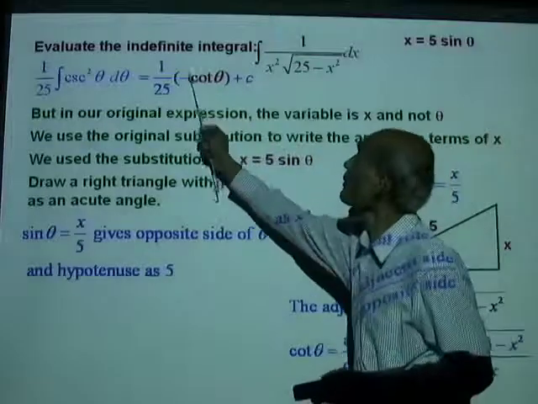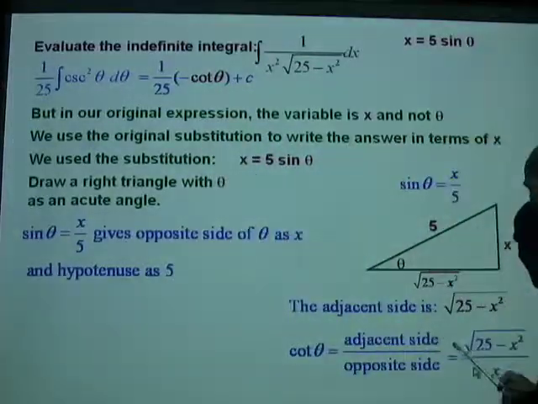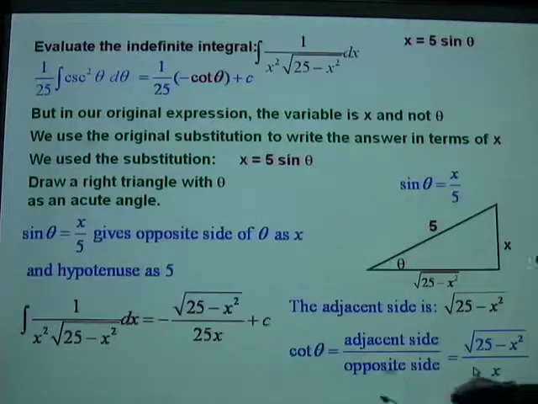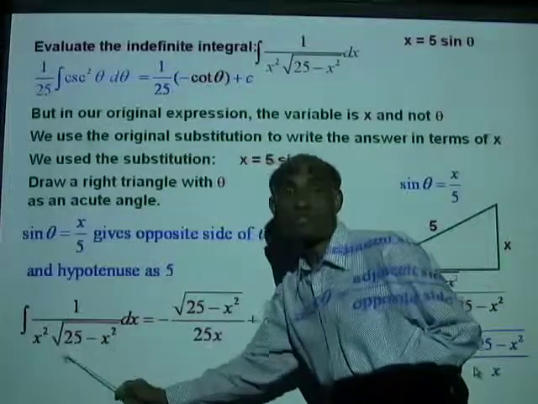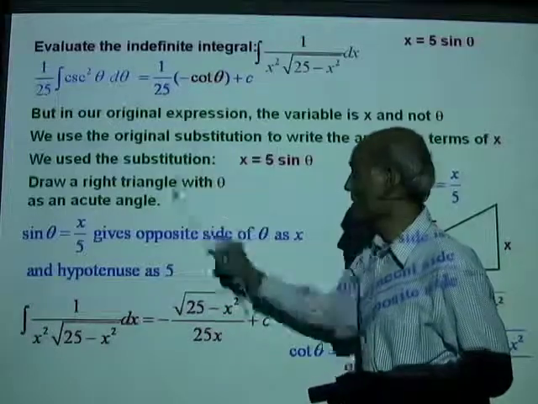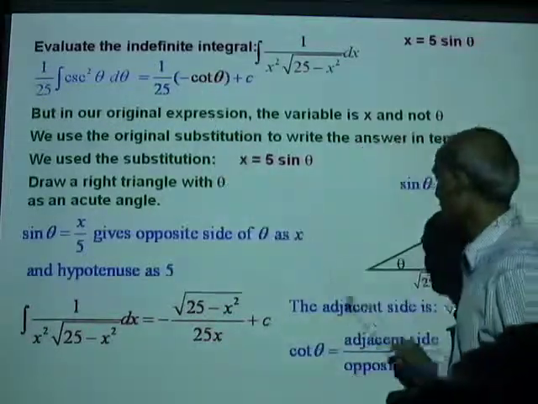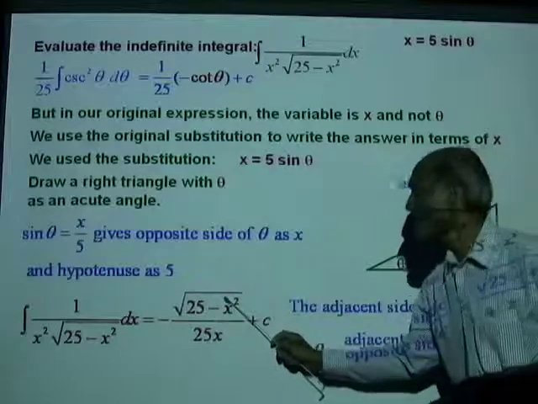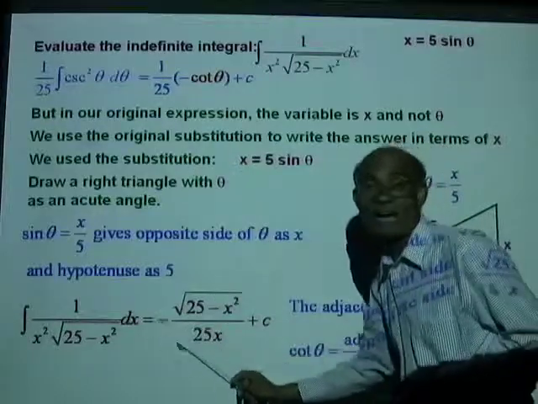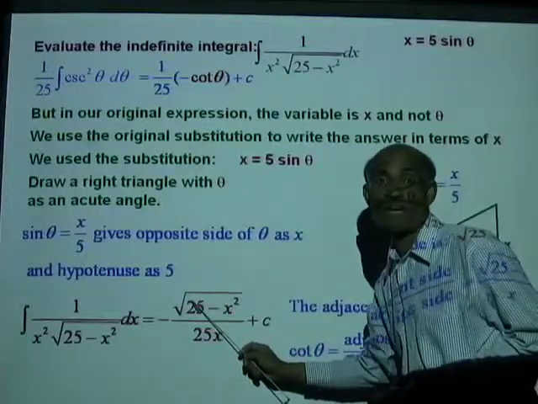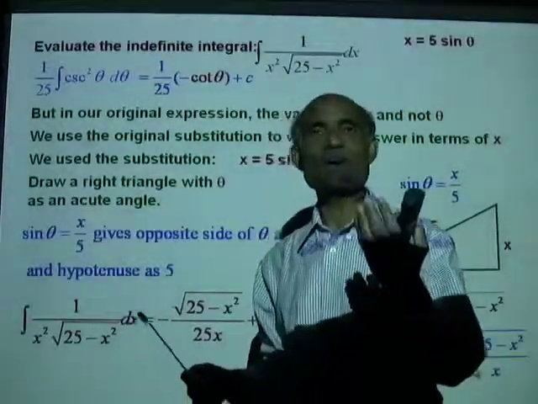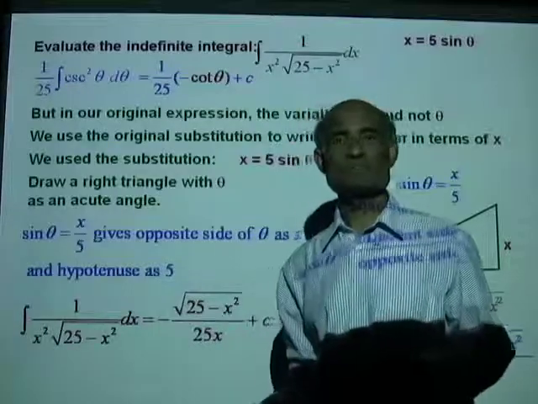That means cot theta is replaced by square root of 25 minus x squared over x, and our original integral is equal to negative, the negative comes from here, negative square root of 25 minus x squared over x, and of course multiplied by 1 over 25, and this is our final result. And look how simple that integration was made as a result of this beautiful substitution.